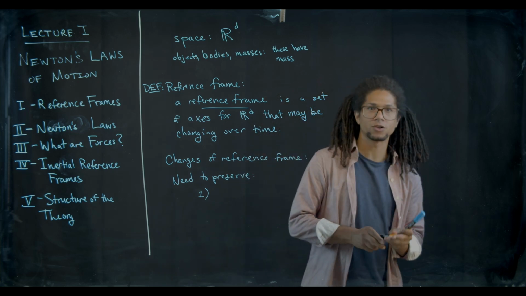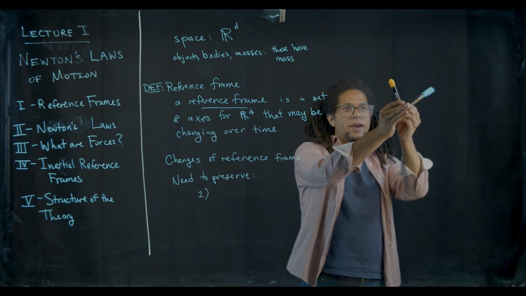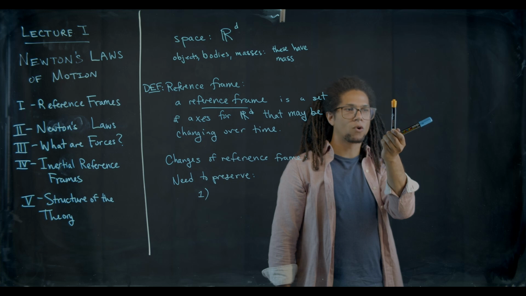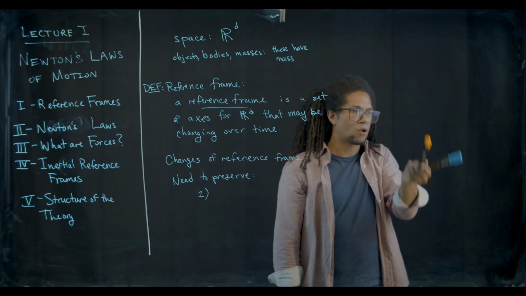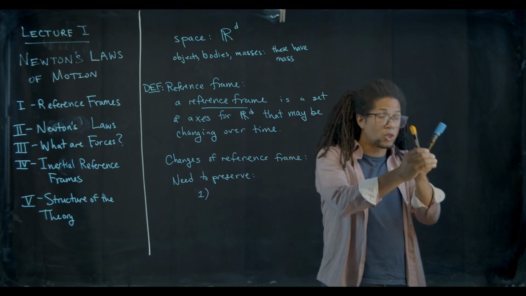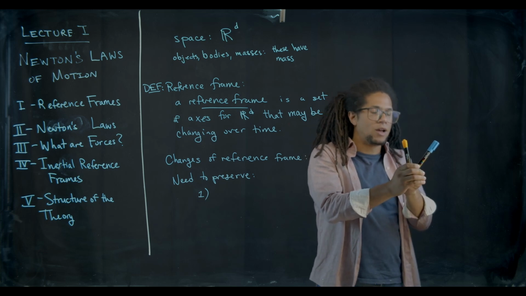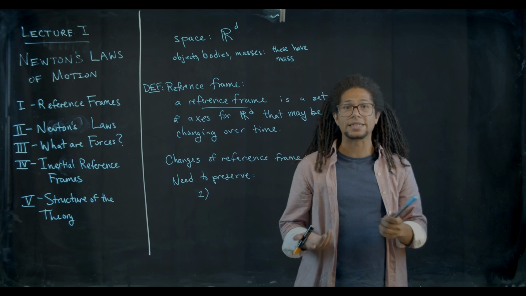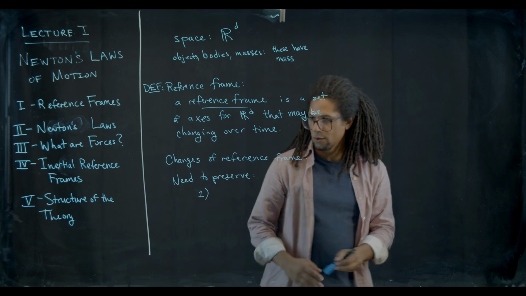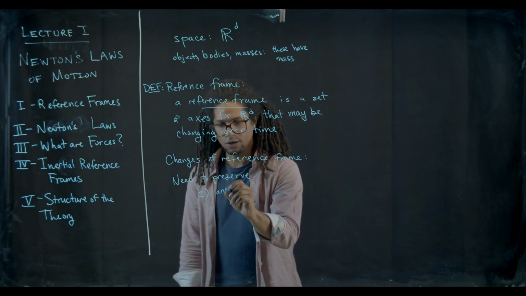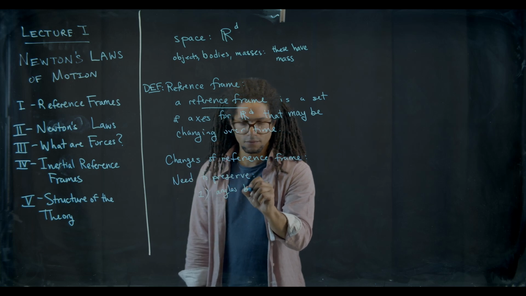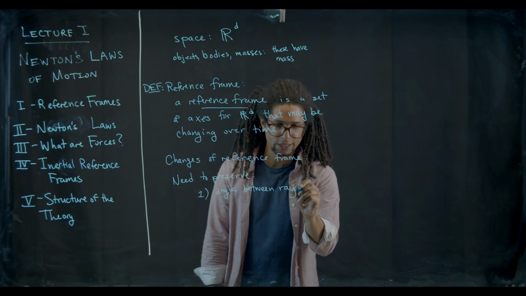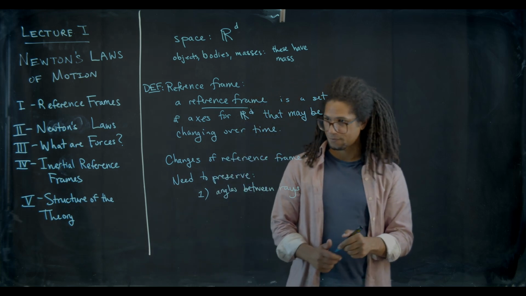If I get two of my markers here, if I put these at some angle and then I start moving them, or I rotate my head, or I turn the markers with respect to me, well, in all of those cases, the angle between them ought to stay exactly the same. And so angles between rays need to stay the same in Newtonian physics.